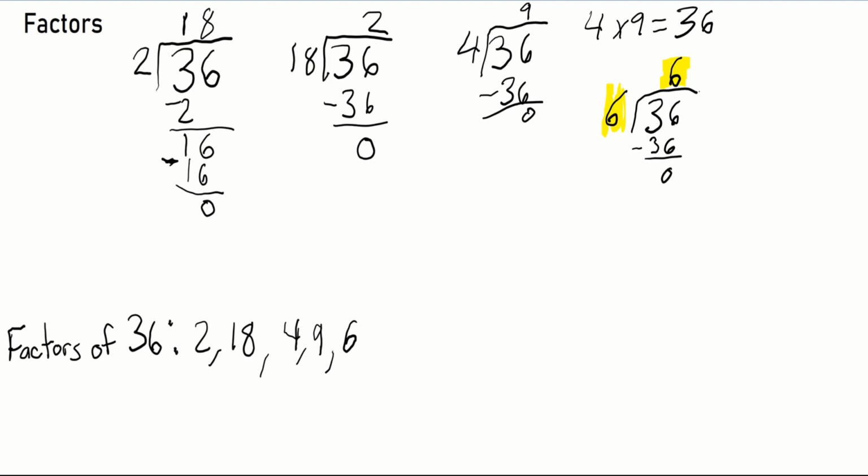If we continue, 36 divided by 3 is 12. Meaning that 3 and 12 are factors of 36.